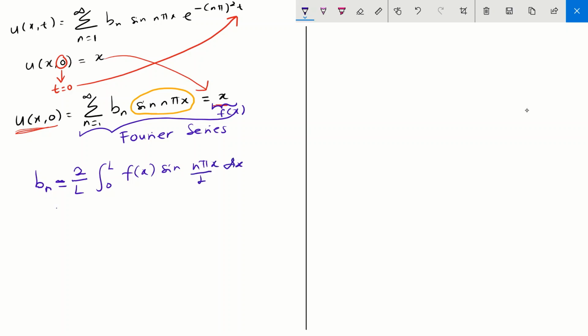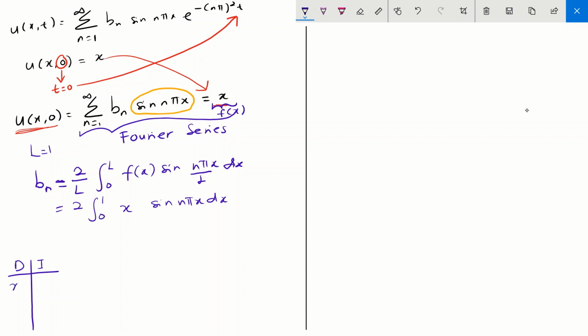We know that L equals 1. So this is 2 over 1, integral from 0 to 1, f(x) is x, then sine(n pi x) dx. When you look at this, you see that we need to use the tabular method in order to solve the integration. In the tabular method, the left column is for derivative and the right column is for integration.